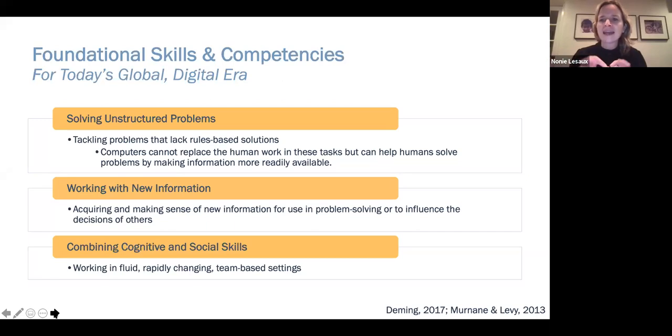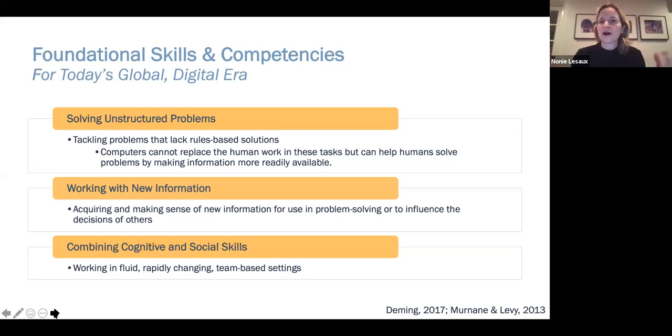That today, not only are we solving those unstructured problems, those problems that lack the rule-based solutions, not only are we working with new information for problem solving or to influence directionality and decisions of others or big picture solutions, but we're also working in really fluid kind of work environments, mostly team-based.